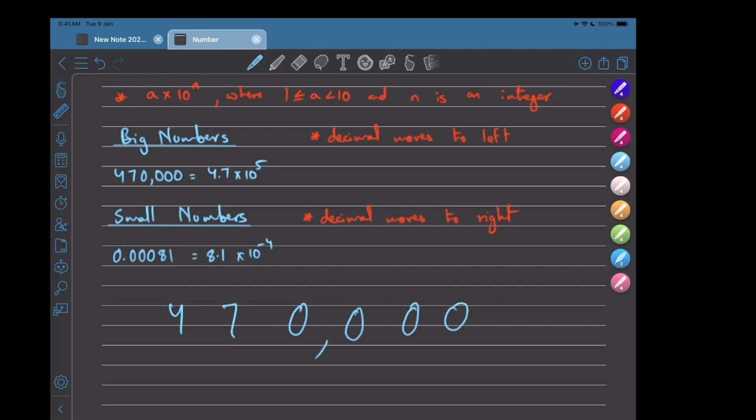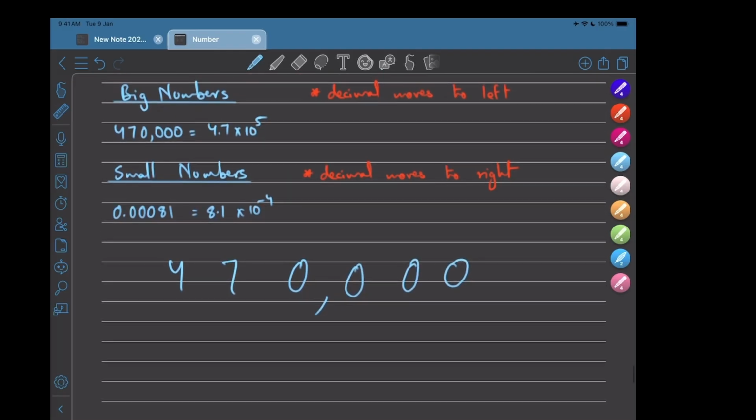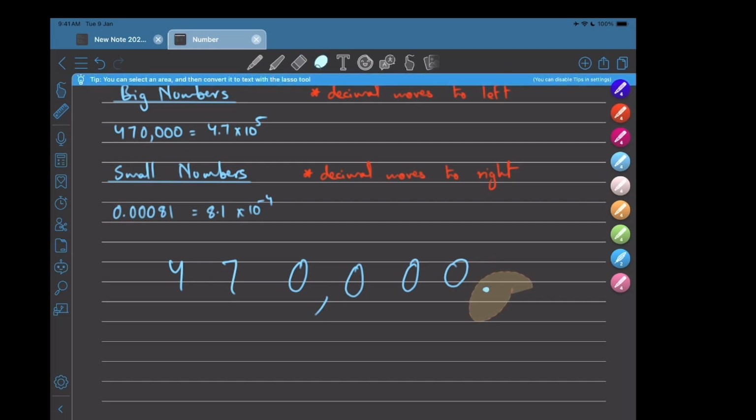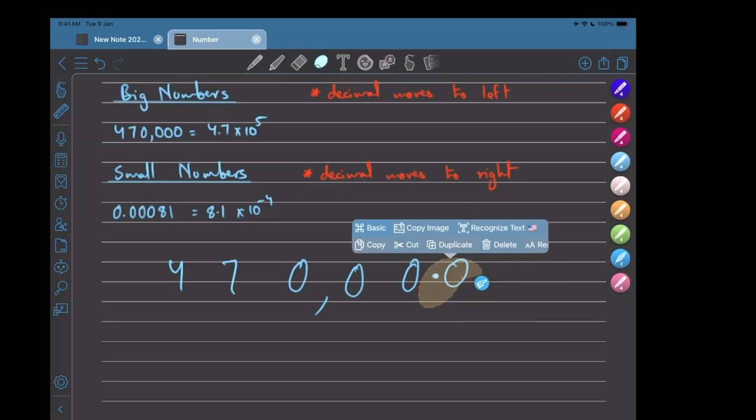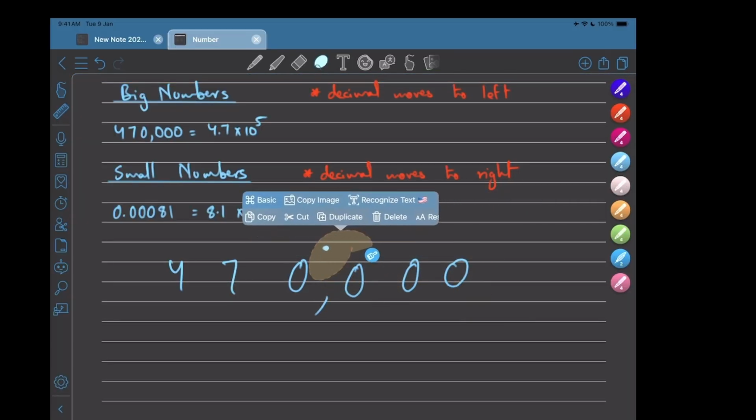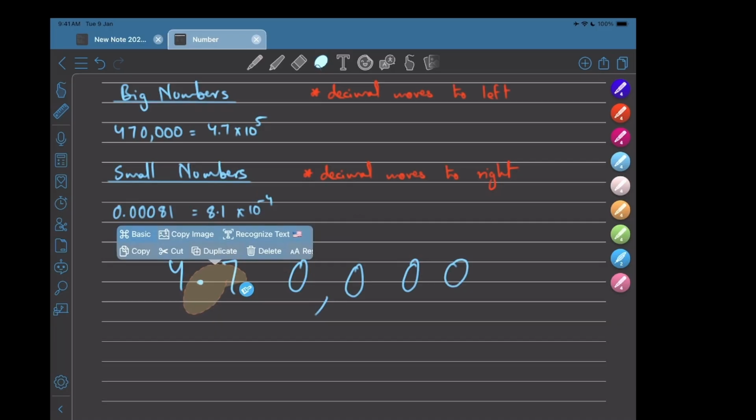4700000. In this case, always remember that the decimal starts from here. The decimal always starts here. Then this decimal point now moves 1, 2, 3, 4, 5.